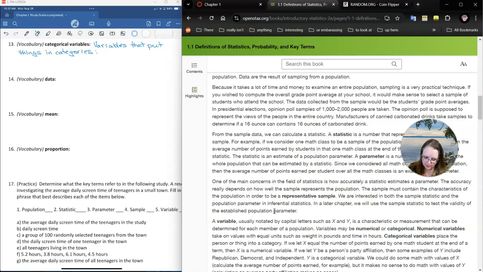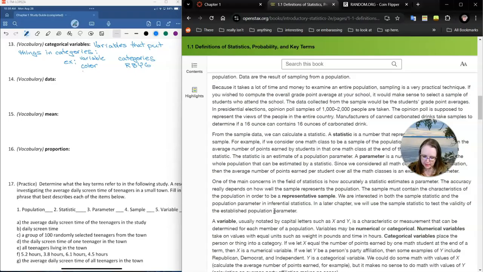And so, example, we'll do the variable and the categories. The variable is color, and the categories red, blue, yellow, green, or however many categories you happen to be interested in. We can categorize it that way.